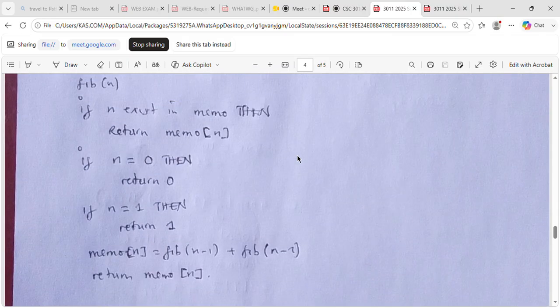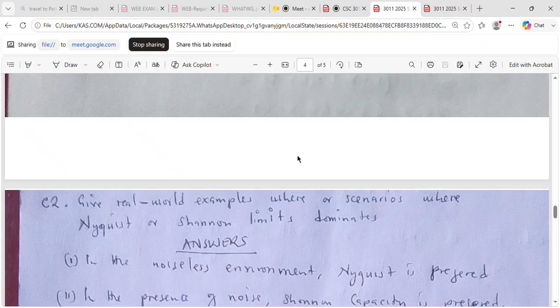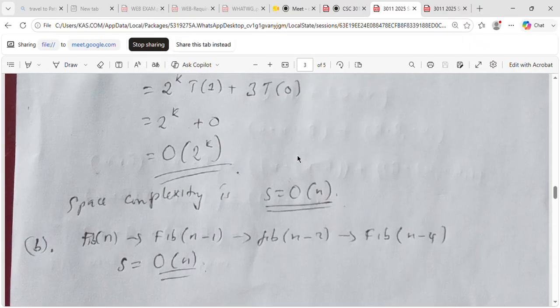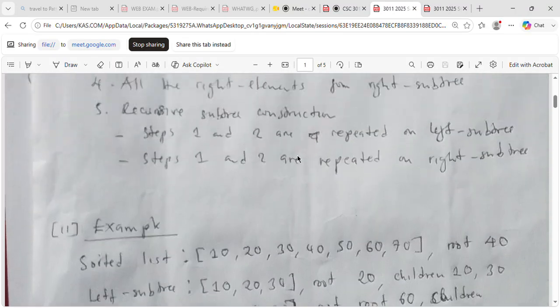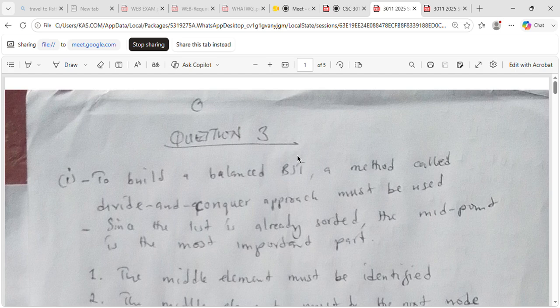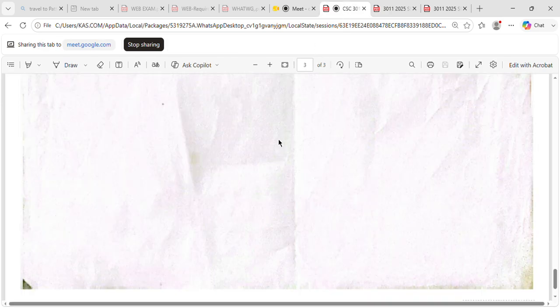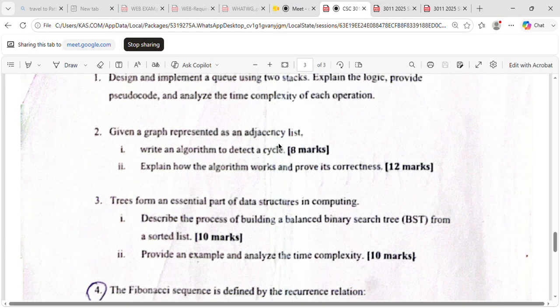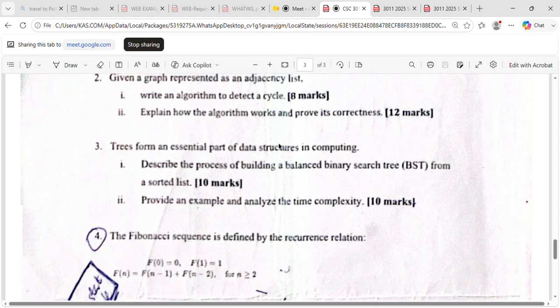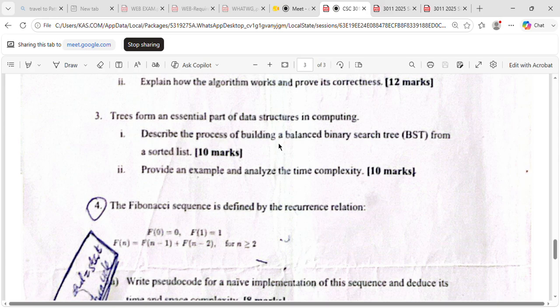Am I looking at the wrong sheet? Let me do this. Build a balanced tree. What did we have there? Design queue using 2-stack. Representing adjacent list. Okay, I'm looking at the wrong one.